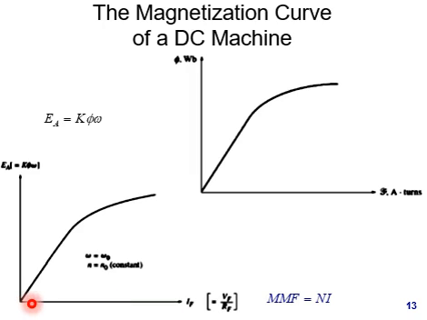We again know that by increasing the current we are increasing the voltage linearly up to some extent, and then this EA would again saturate similar to that phi.